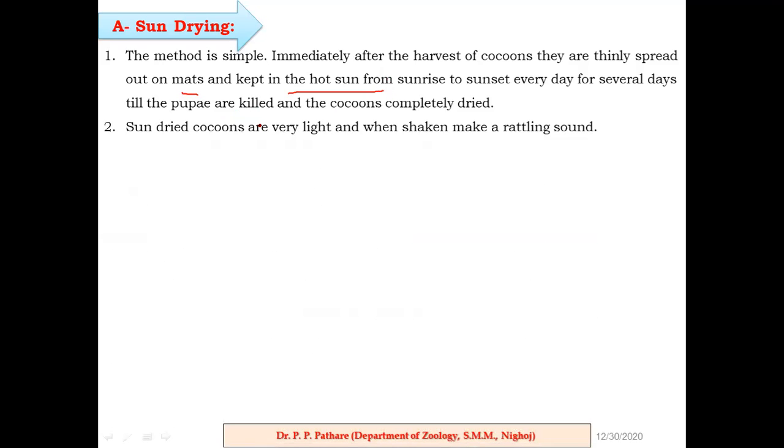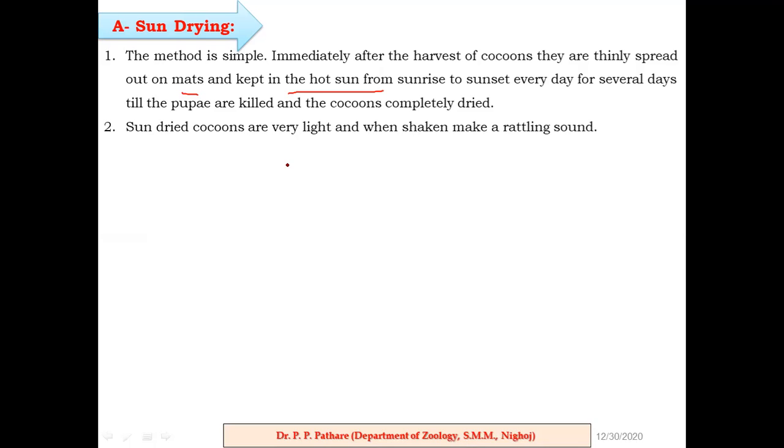Sun drying is a very simple method of stifling and is performed by every farmer in rural areas of India, because no additional facility is required for stifling or drying the cocoon. After the drying of the cocoon, the pupa will die inside the cocoon.